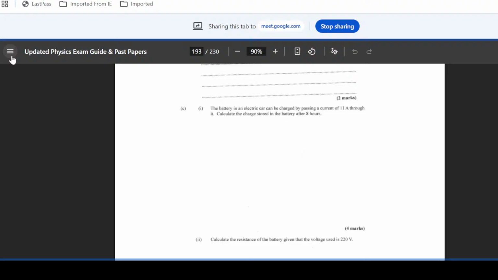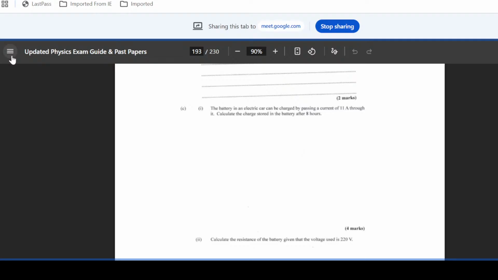All right, calculate the resistance of the battery given that the voltage is 220. Calculate the resistance.